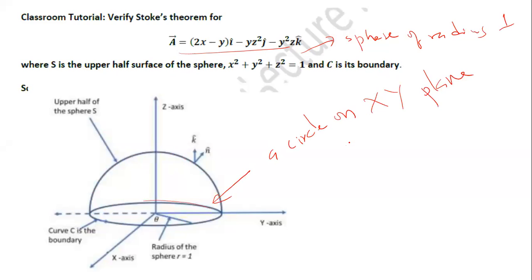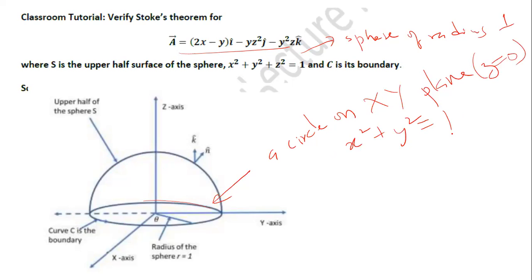It is going to be x square plus y square equal to 1, because on the xy plane z is 0. So the curve which is the boundary of the surface under consideration is a circle of radius 1, x square plus y square equal to 1.